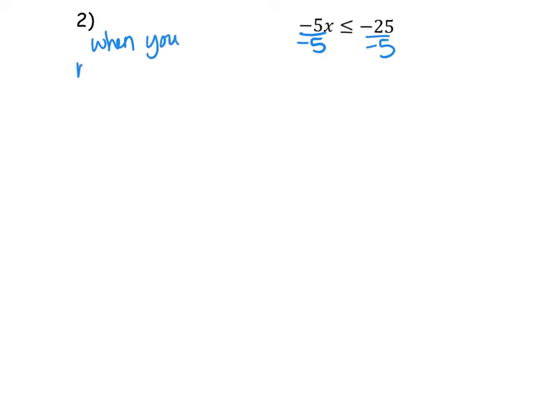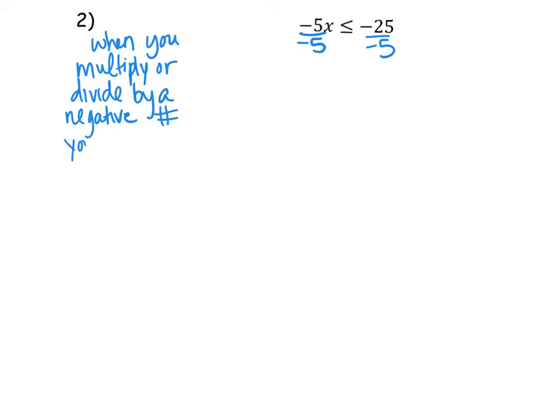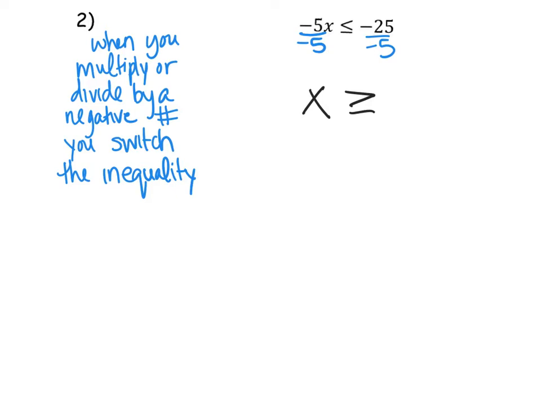When you multiply or divide by a negative number, you switch the inequality. The direction of the inequality needs to move in the opposite direction. So you're completely changing it. Your x has to switch to greater than or equal to. So you have to make that flip.